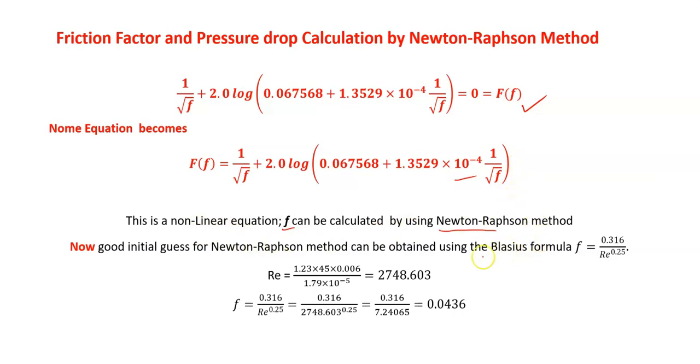Now for the initial guess, if Re is less than 10 to the power 5, we use the Blasius equation formula, so f is equal to 0.0316 Re to the power minus 0.25. So that is the initial guess. Now we can calculate Re, and from the Blasius formula we get 0.0436.